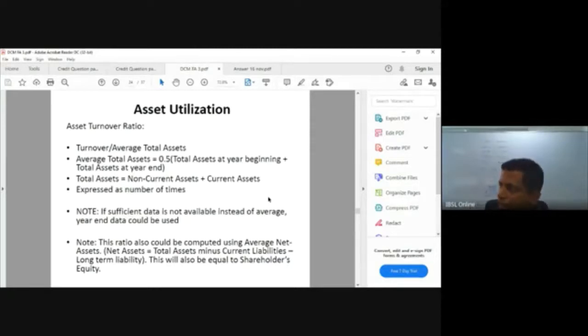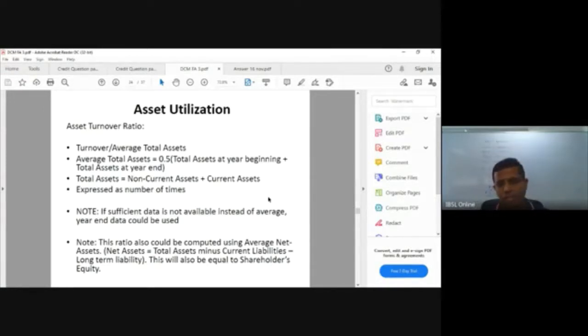Which company is efficient then? We have to calculate the asset turnover, dividing the turnover by assets. The first company will come to 6 times, the second company 4 times, because turnover divided by total assets: 600 divided by 100, 400 divided by 100.